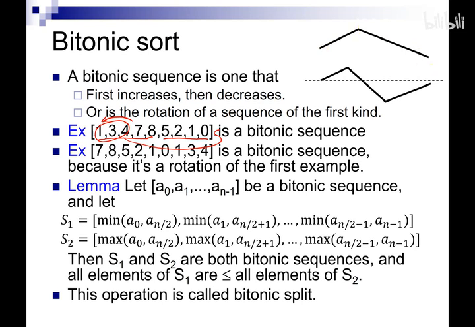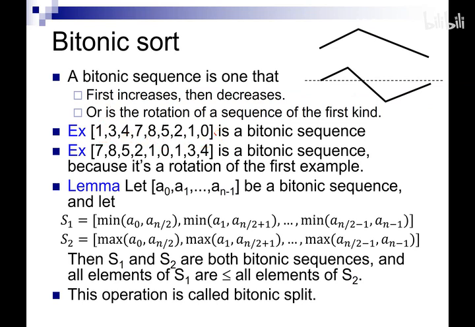Or you could rotate it: if you take all this stuff and put it over here, then it becomes an increasing followed by a decreasing sequence. So the one on the bottom is a rotation of the one on the top. That's what a bitonic sequence is.